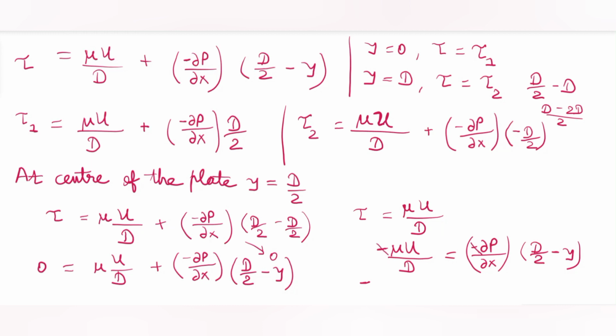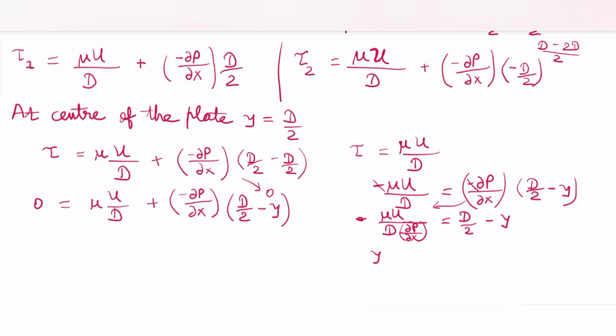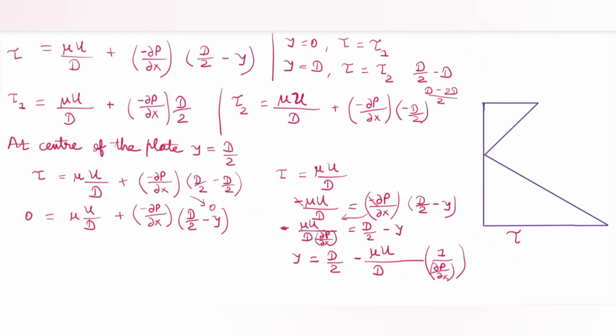Then on further solving this, we take del p by del x in the denominator. The minus will get cancelled, and mu U by d into 1 upon del p by del x is equal to d by 2 minus y. Therefore we get y is equal to d by 2 minus mu U by d into 1 upon del p by del x.